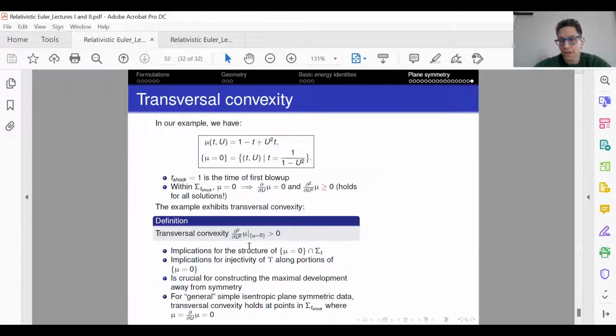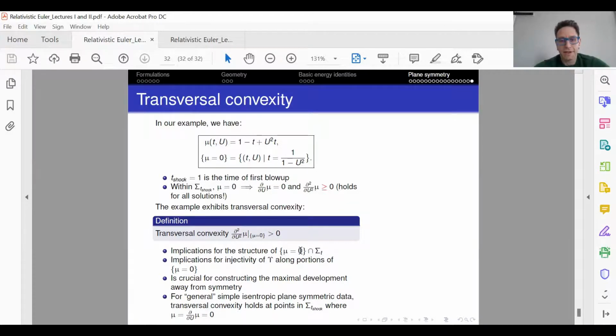So if you're interested in the structure of the singular set, and I assure you that you would be interested if you were trying to construct weak solutions, you need to make some assumptions to get your hands on the structure of the singular set. And if the singular set is bad, the set of points at the time of first blow up where mu was 0 can be arbitrarily complicated.